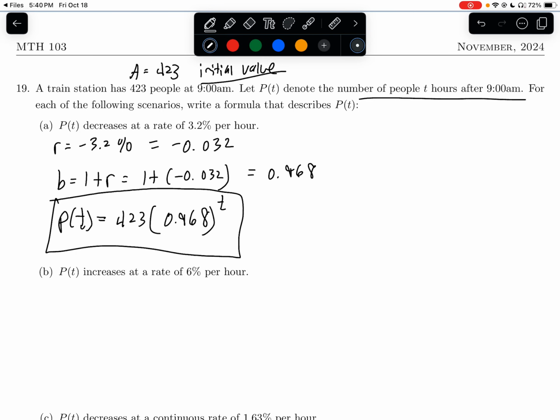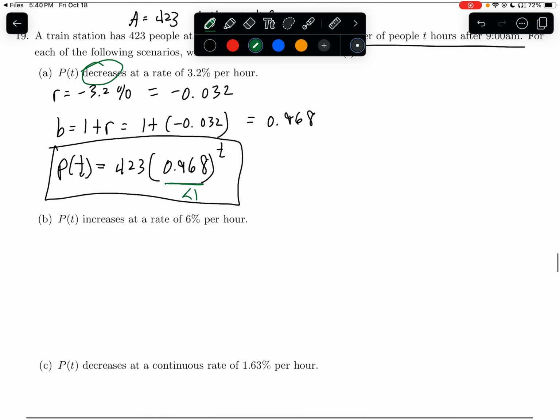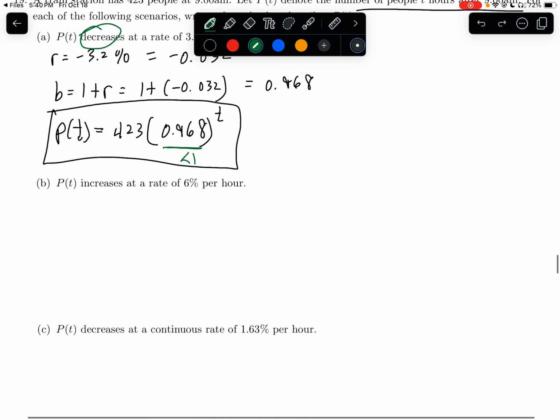And that would be it. We should check to make sure that this makes sense, and it does because this is less than 1. It's a growth factor less than 1, and the function should be decreasing. So that should line up. And as we said before, this has to be positive. So if it was negative here, that would be incorrect immediately.